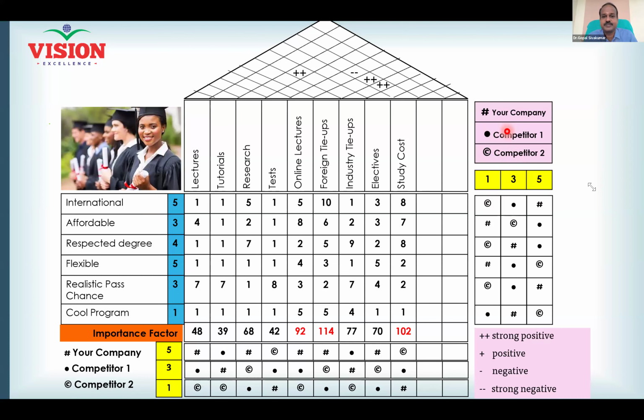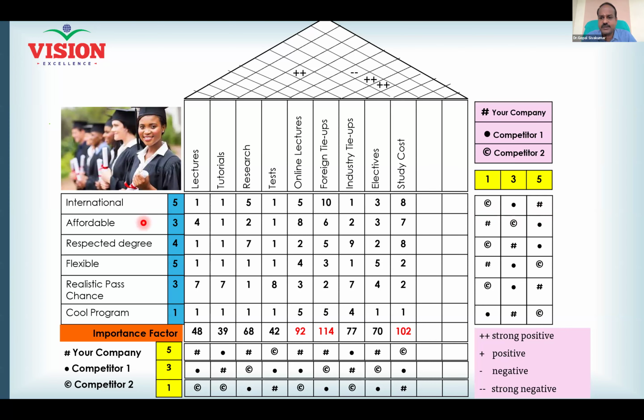Am I right? Who gave this score? Your own customers. You did a survey and asked the represented samples, maybe the students in the particular locality, and all of them are saying that your institution is known for international recognition. So you are already standing out. No need to worry. Do you understand?